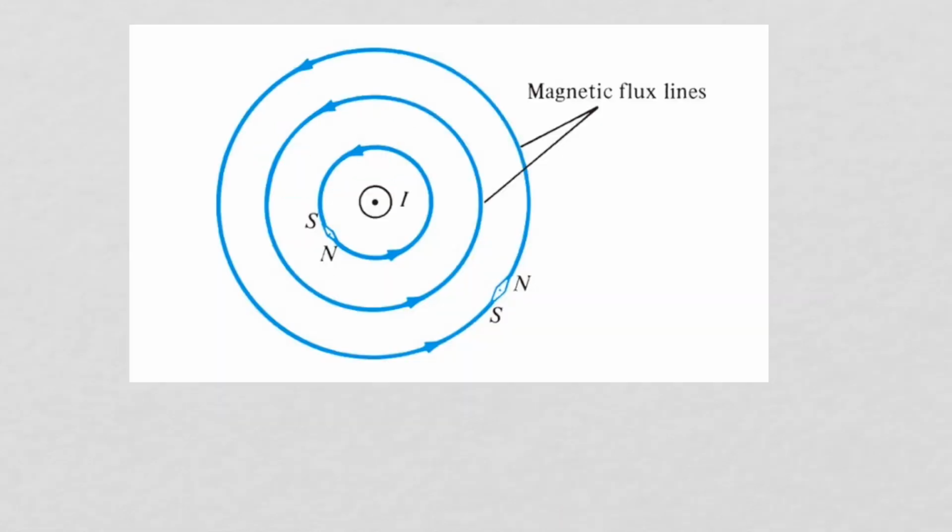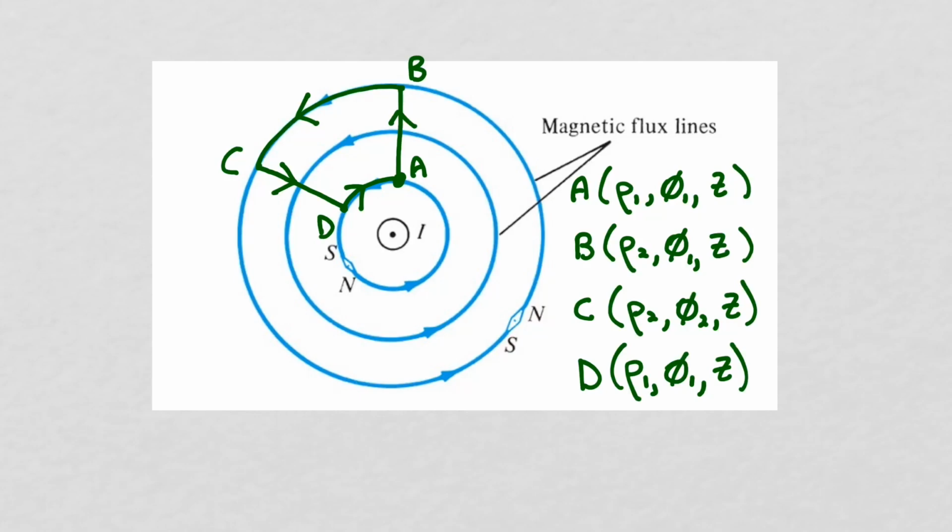Now we're going to look at the integral of H dot dl around a closed path that does not contain our current carrying wire. So let's look at this particular path where we go from A to B to C to D and back to A. And A will be at location rho 1 phi 1 z, B at location rho 2 phi 1 z, C at location rho 2 phi 2 z, and D at location rho 1 phi 2 z.